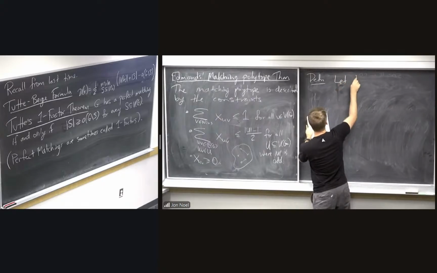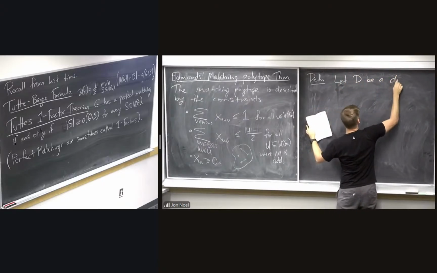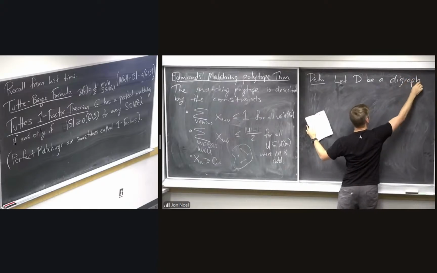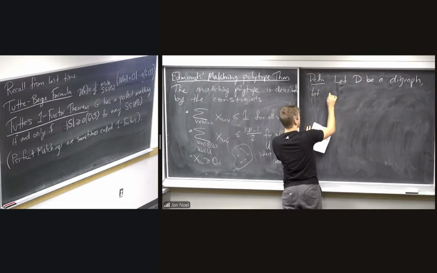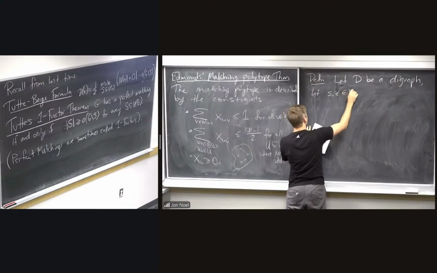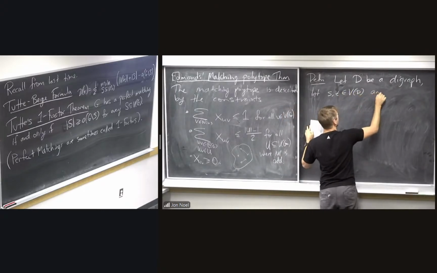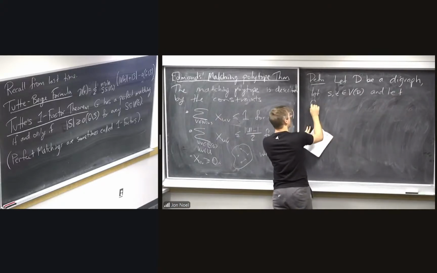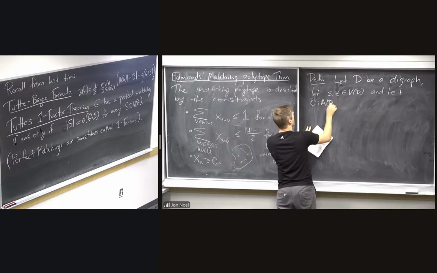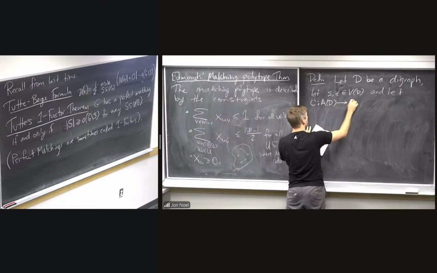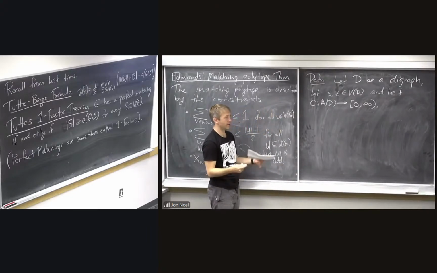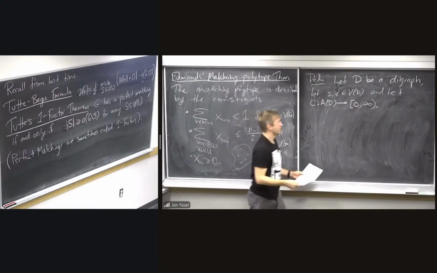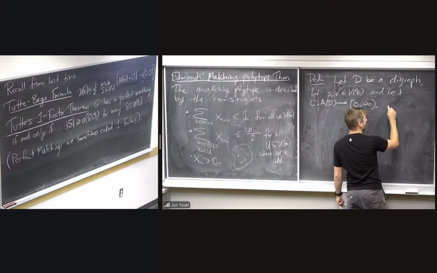So let D be a digraph. Let S and T be vertices of D. And let C be a function on the arcs of the digraph, where every arc gets mapped to some value between 0 and infinity, so it's a non-negative function.